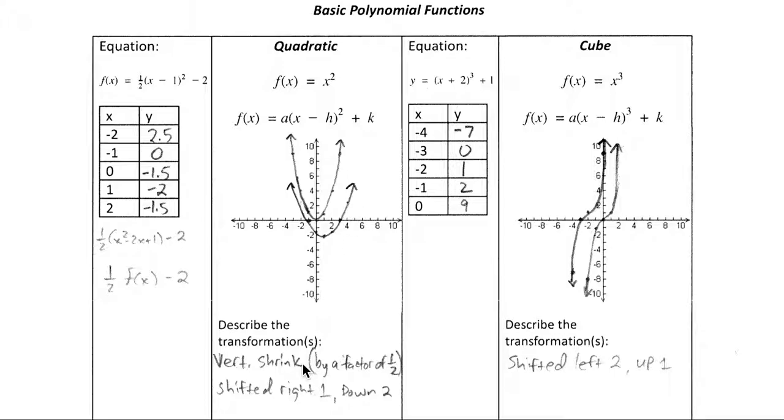It's a little backwards or counterintuitive to think that way, but if you think of it as a vertical shrink, meaning I'm pushing down vertically on the graph, which is going to fatten or widen my graph out. So it's becoming wider as a result, and then that vertex is going to be moved right 1 spot, down 2. So right 1, down 2, which is exactly what we get as a result if we were to fill in our data table there.